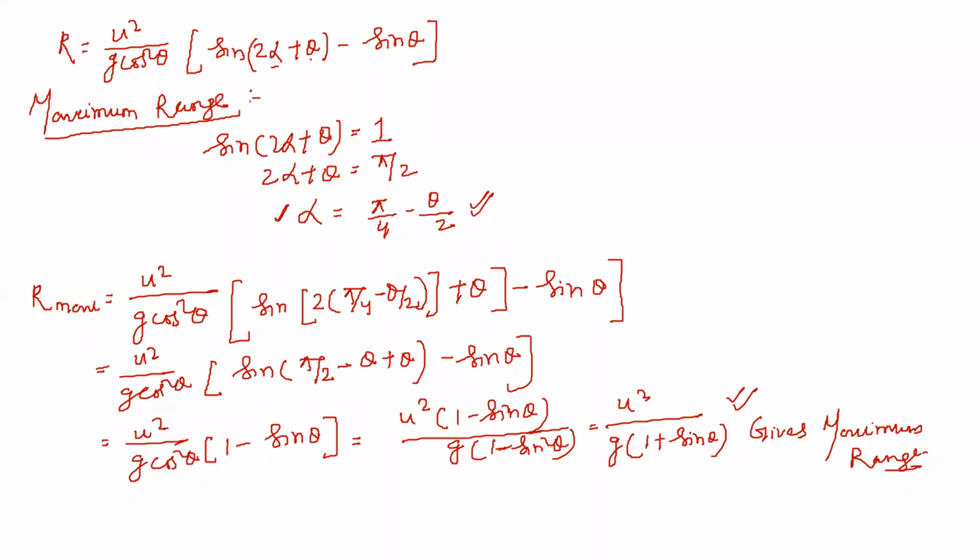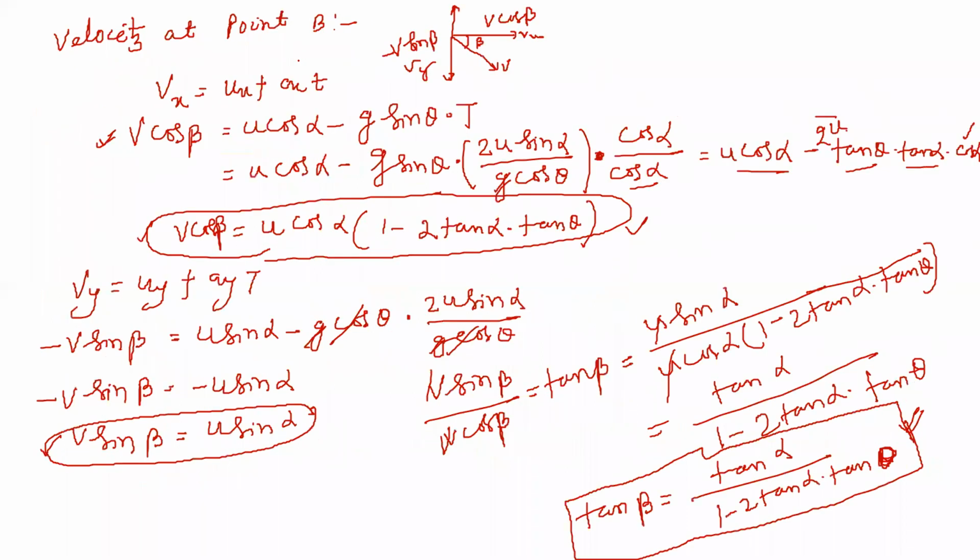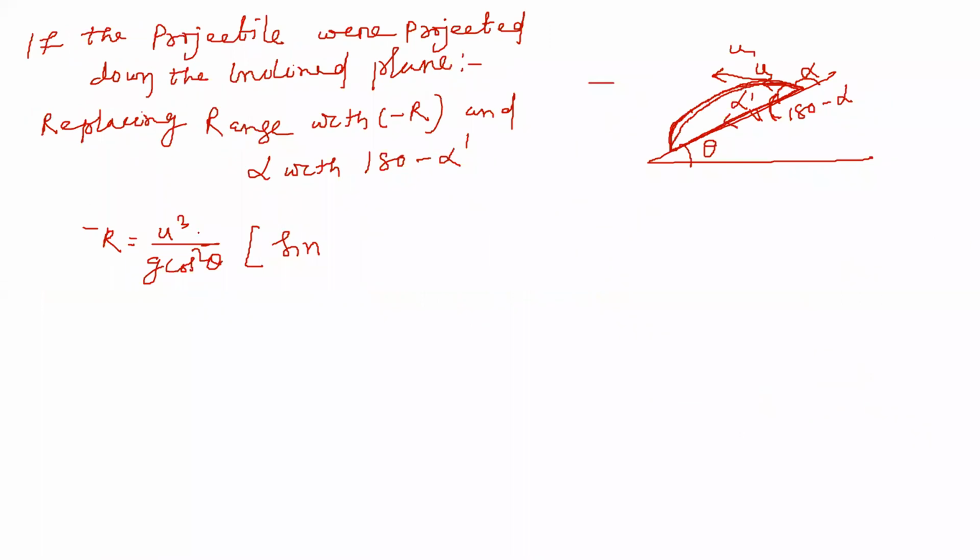We'll replace alpha here, rearrange the equation and write u square by g cos square theta whole into sine 2 into 180 minus alpha dash plus theta minus sine theta.